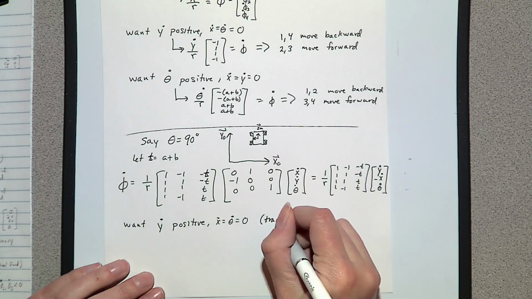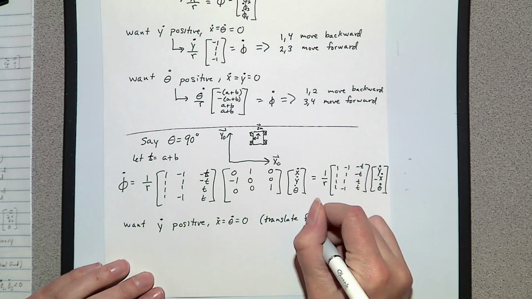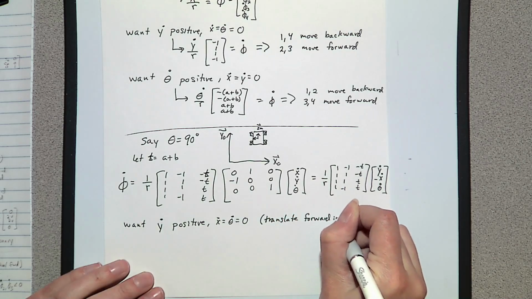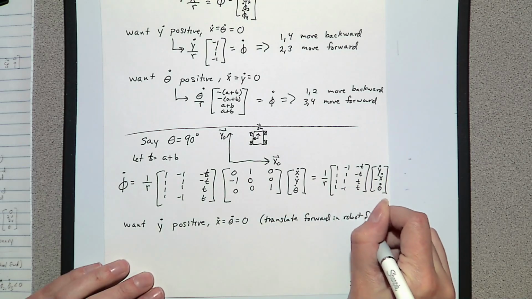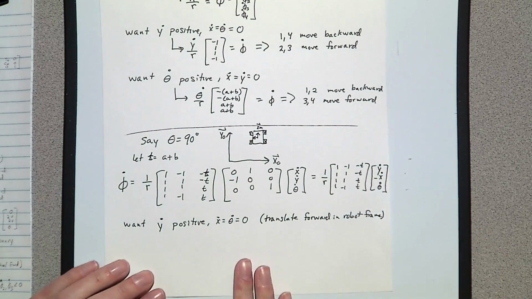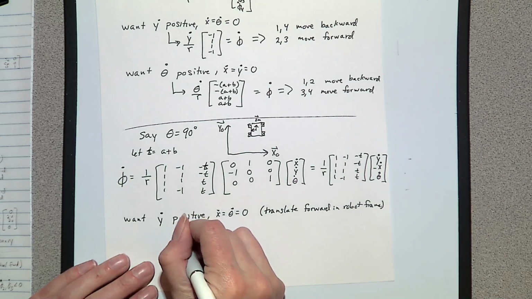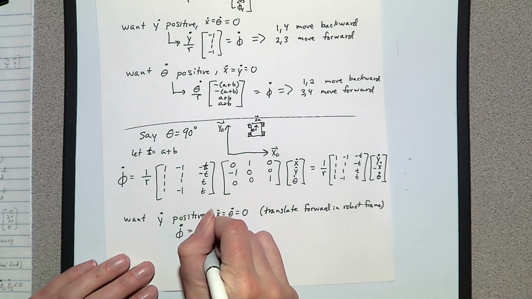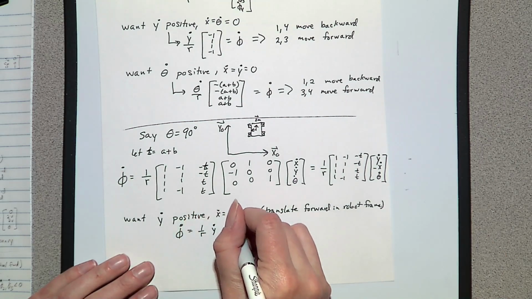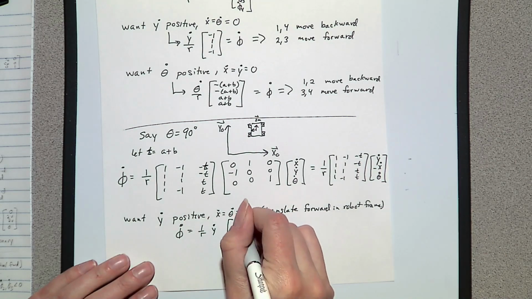So this is translate forward in our robot frame. So what we have is phi dot equals 1 over r, y dot, 1, 1, 1, 1.